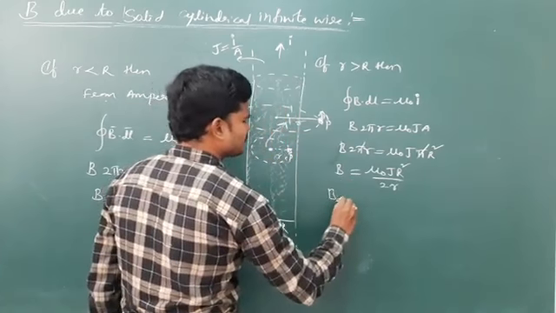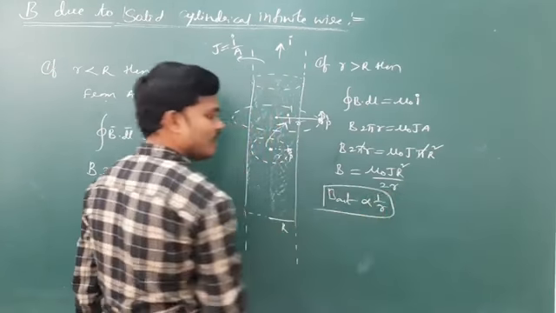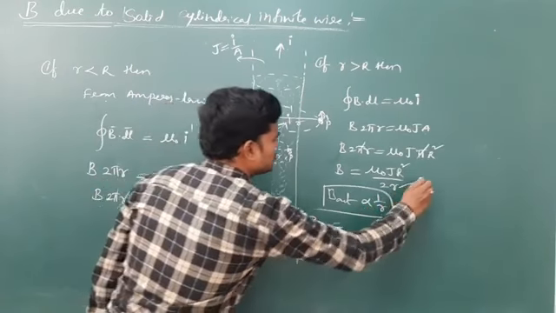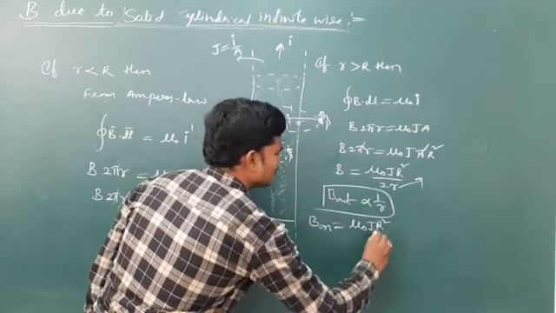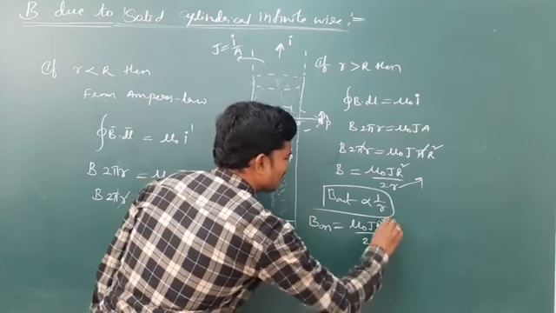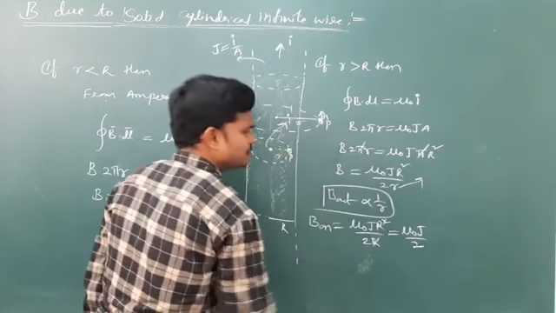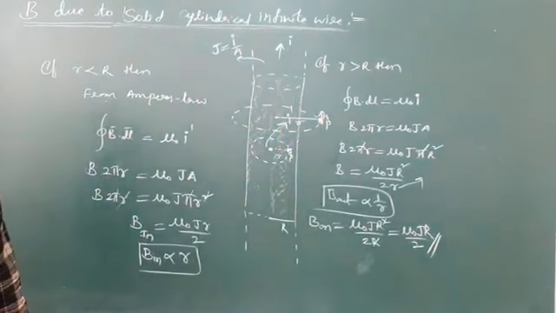So B outside is proportional to 1 by r. If it is on the surface, small r, just replace with capital R. So on the surface, J R squared by 2 capital R. So on the surface it is constant, mu naught J R by 2.